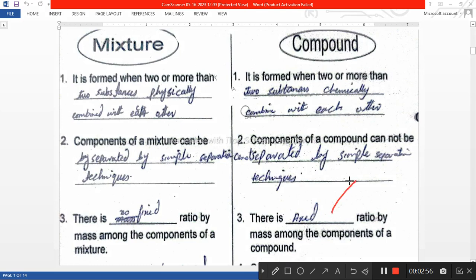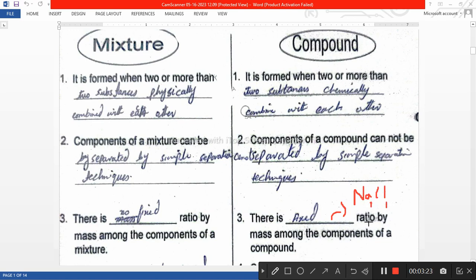For example, what can be the example, like NaCl. There is a 1:1 ratio.